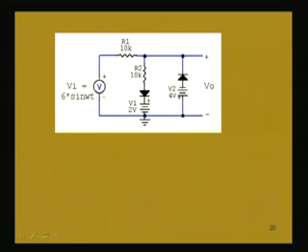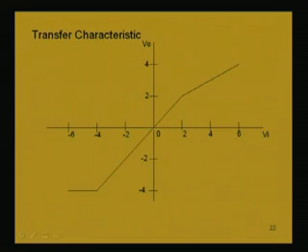D2 cannot conduct in the negative half cycle because it is reverse biased, P is connected to N. So, we get the same input and output voltage for this portion, which is why it is a straight line having slope 1.